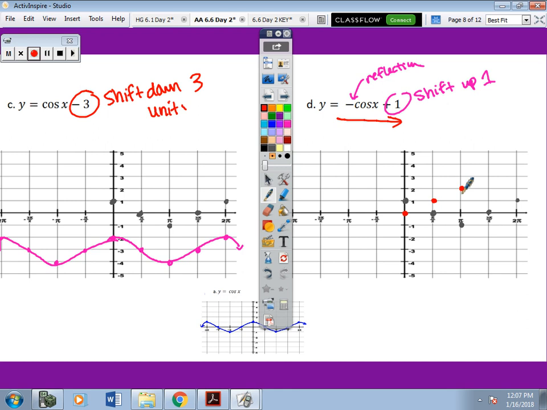So it goes to 2. 3 pi over 2, reflection doesn't affect it, but it does shift up 1. And our last one started at 1, reflect it down to -1, shift it up 1 unit to get it back to 0. And then on the other side, you just mimic that. So that they're always 1 space apart.